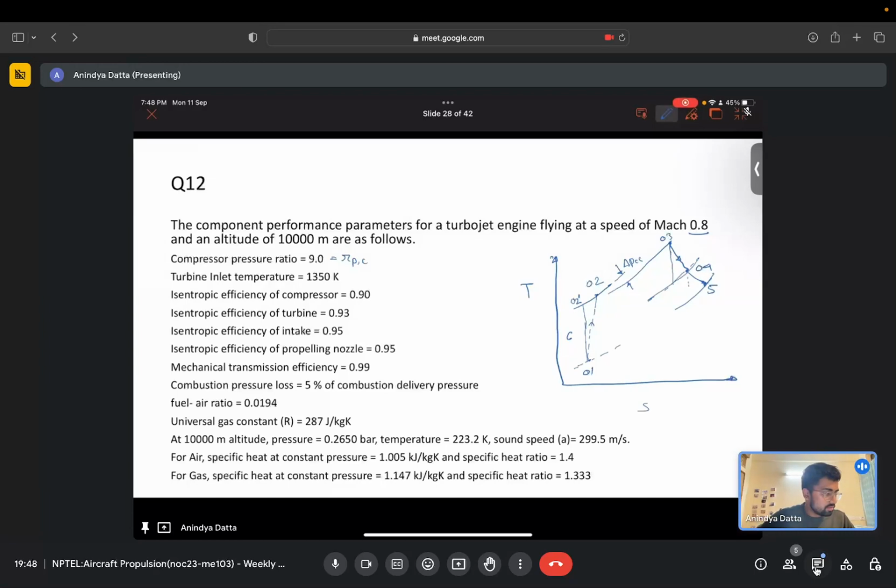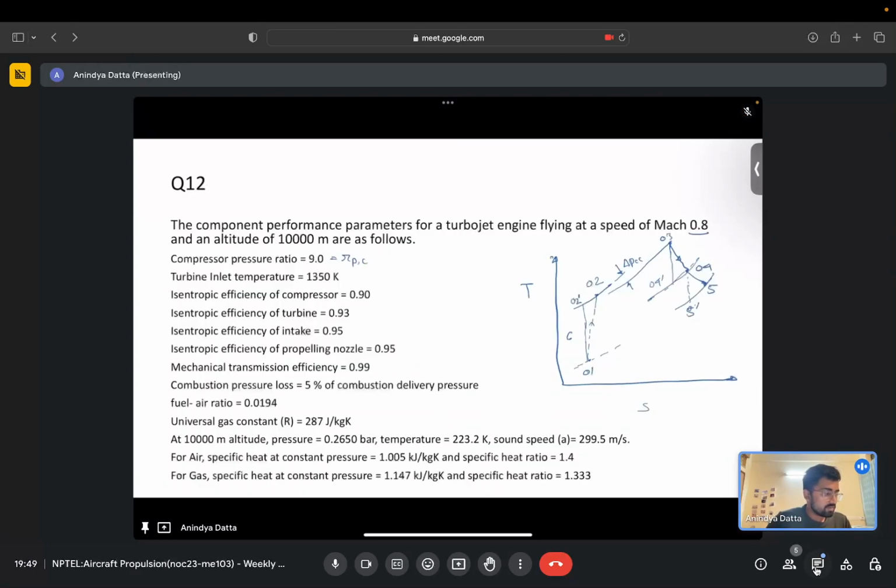So 4 to 5 is our nozzle. For each we also have the corresponding isentropic state, represented by prime. This is the approximate TS diagram showing the states. 01 to 02 is the compressor, 02 to 03 is the combustion chamber, where we account for a pressure loss delta PCC because it's a real cycle. Then we have the turbine, and 04 to 05 is the nozzle, the standard state point numbering we have used in our earlier problems.